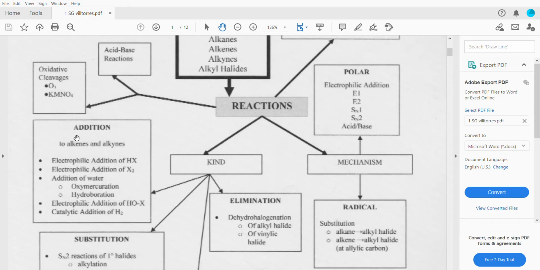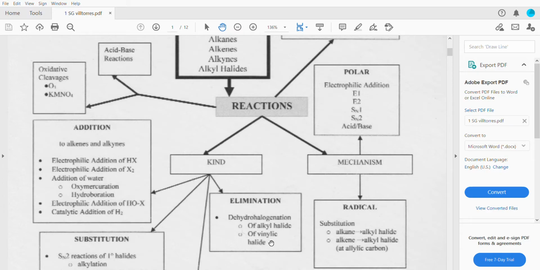In addition reactions, basically you add to carbon double bond carbon alkenes and carbon triple bond carbon, where you can break those bonds and add an electrophilic addition of HX, electrophilic addition of X2, addition of water such as oxymercuration, hydroboration. So those are typical addition reactions.